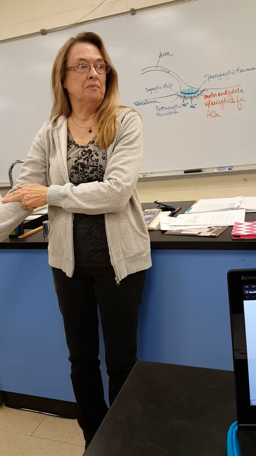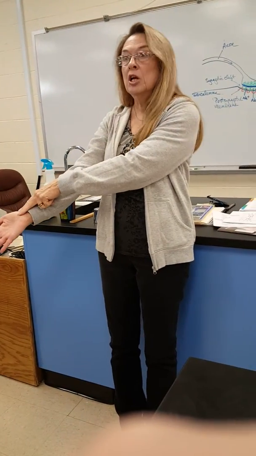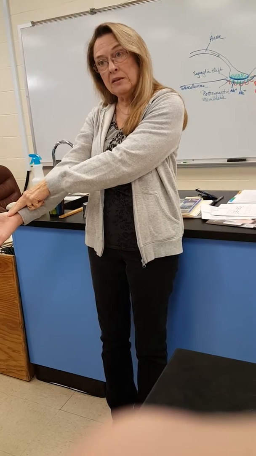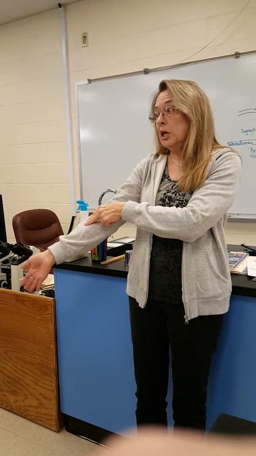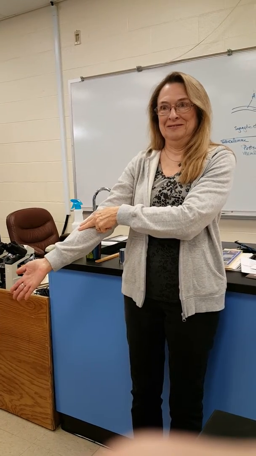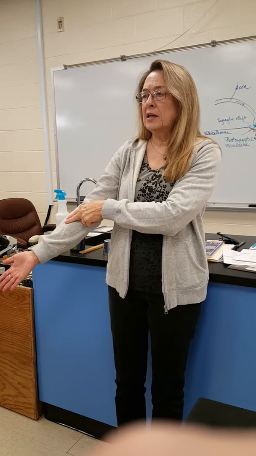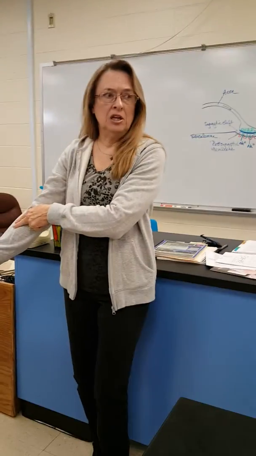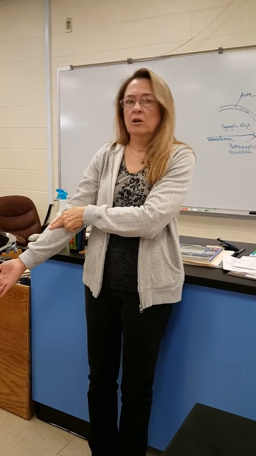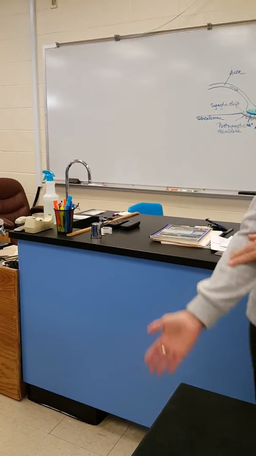Pronator teres. Then we have a muscle that's running down the radial length. So that's going to be your flexor carpi radialis. Okay? Flexor carpi radialis. If you need to check the number, do so. Can you find it? It says 49, but I think it's 46.